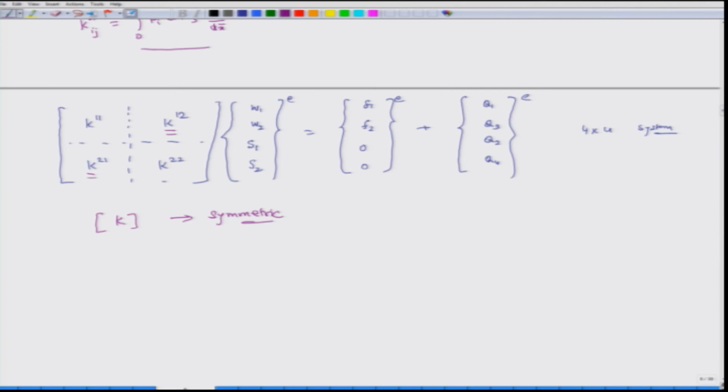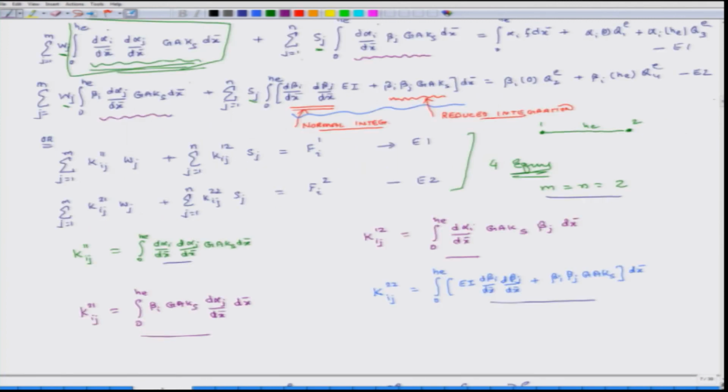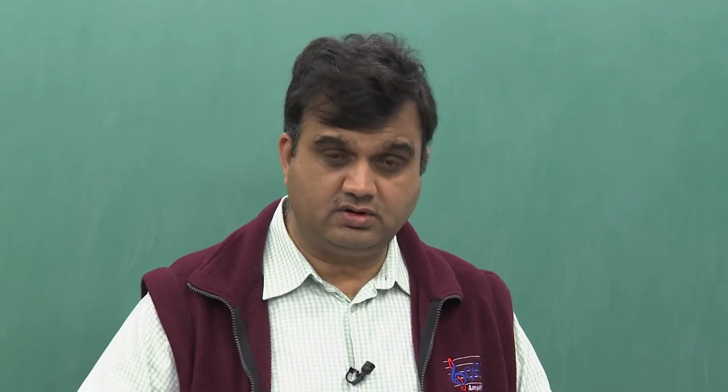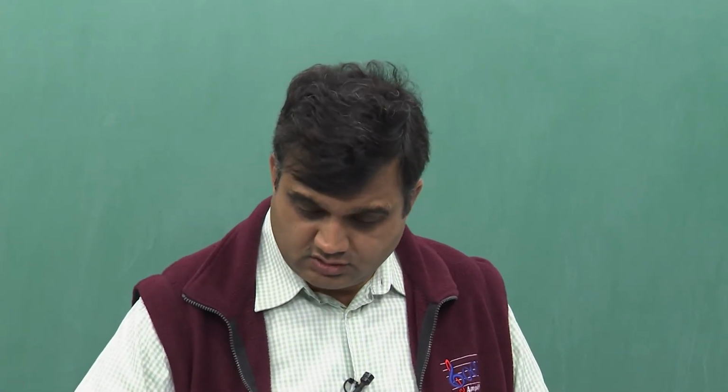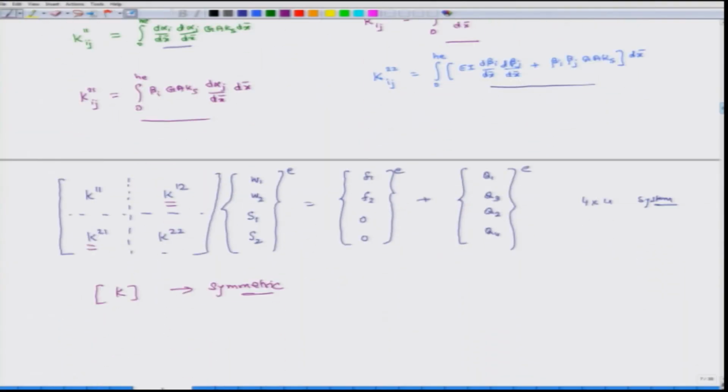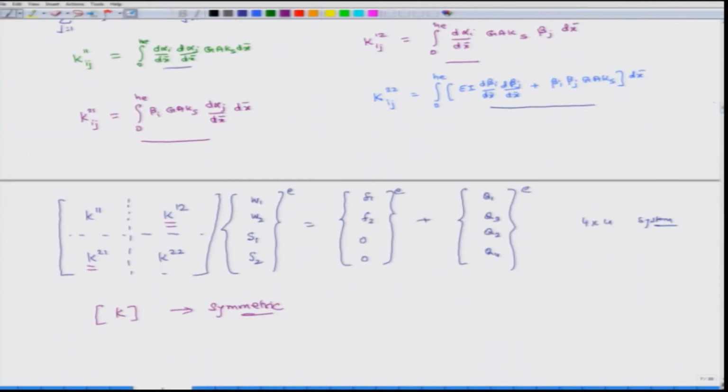Once again, in our weak formulation, this is something we saw also in our earlier formulations: if the system was conservative and could be represented as a bilinear functional, then whatever we get out will be of this nature. So we have a symmetric matrix, and we can compute each element of this symmetric matrix.